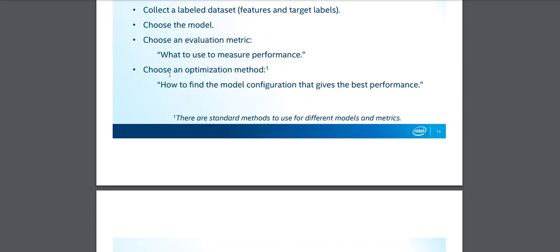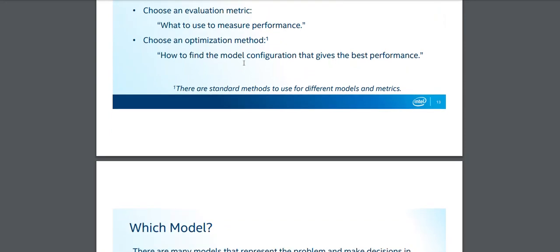And we need to choose an optimization method. Now, there's standard methods to use for the different models and metrics when it comes to the optimization. All right. How do you find the model configuration that gives you the best performance? Now, I may come up with a model, and as I noted before, there's hyperparameters that I can change, and the optimization of it is one of those hyperparameters. So there's things I can change, or let's say settings that I can modify.